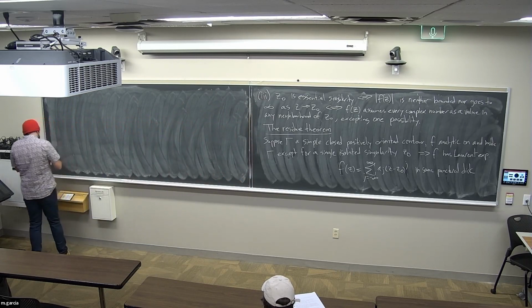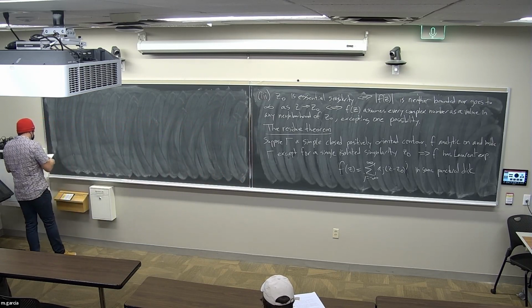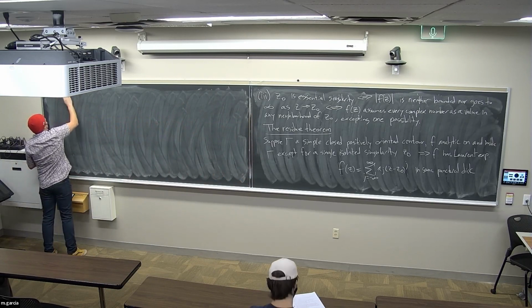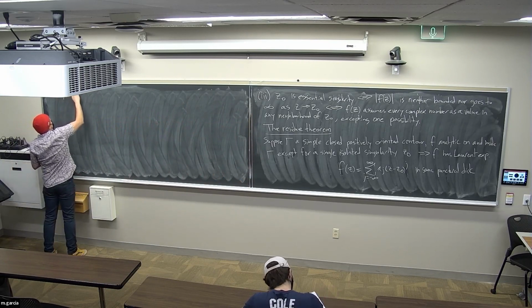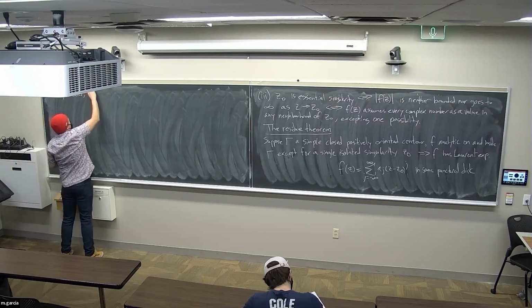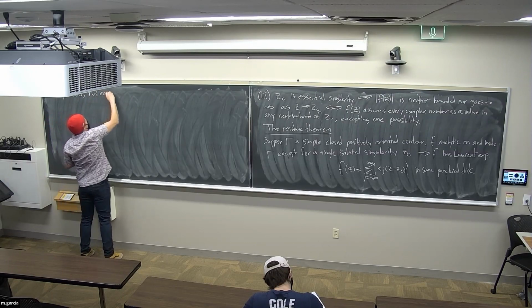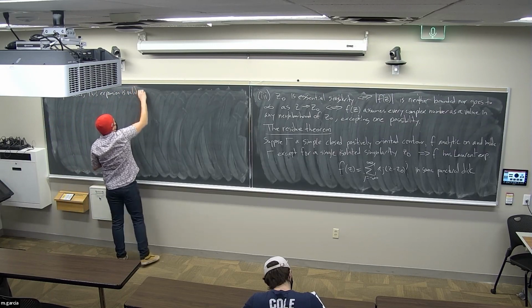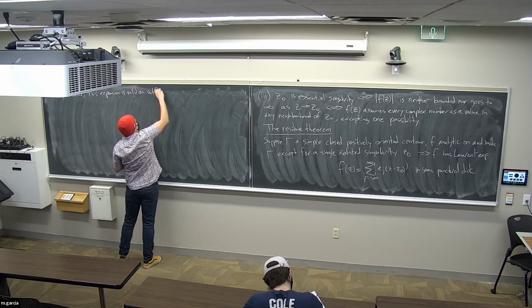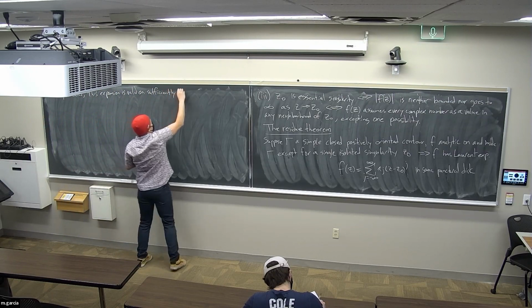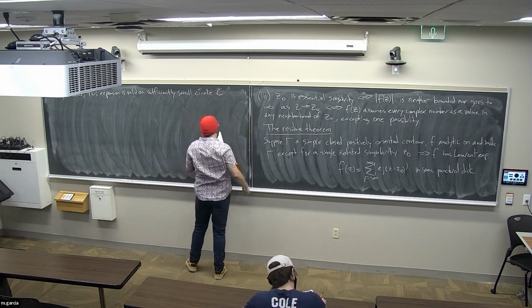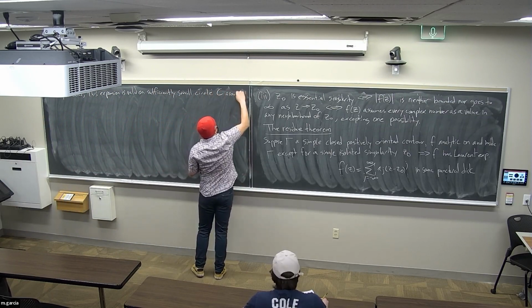Okay, so in particular, this expansion is valid on a sufficiently small circle C around z naught.